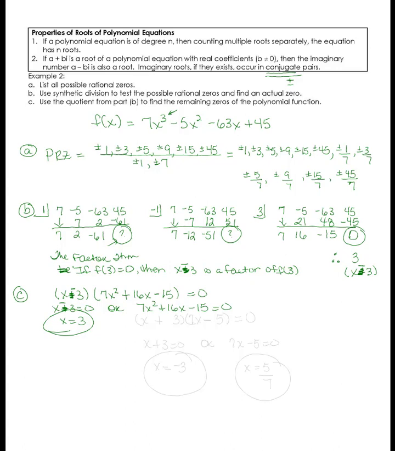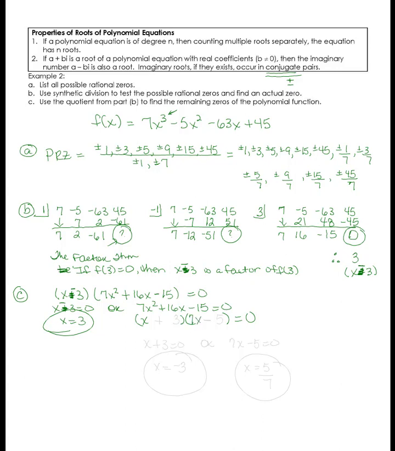And then 7x squared plus 16x minus 15. If we can't solve this quadratic equation by factoring, then we will use the quadratic formula. But we can factor this. So factors of 7x squared, we have x and 7x.